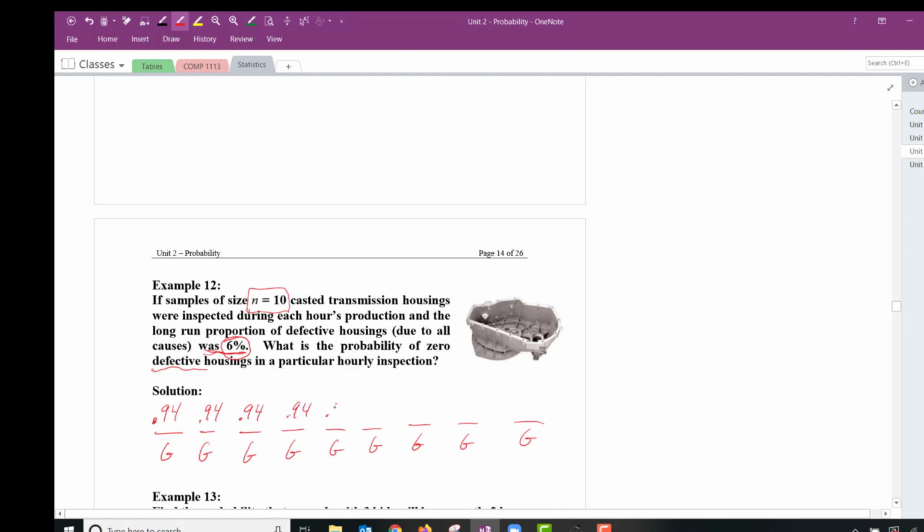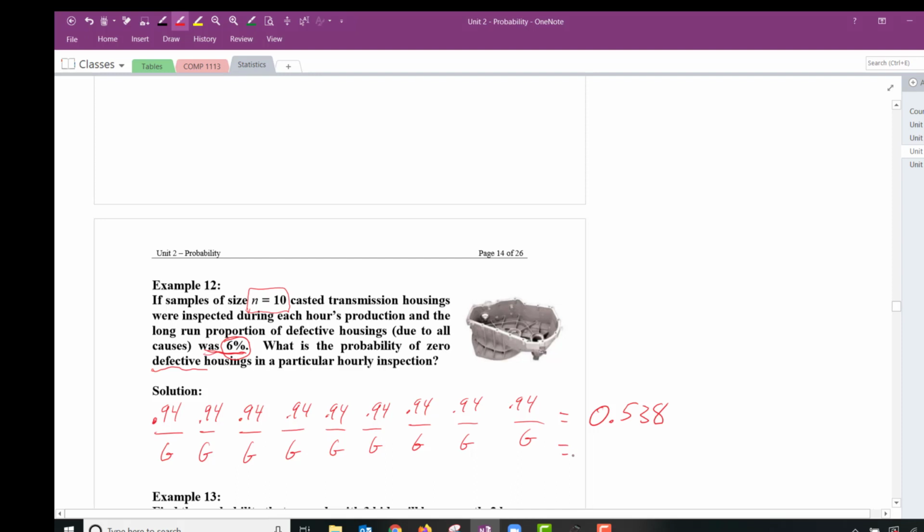And the probability doesn't change. We're manufacturing thousands of these things, so we don't need to decrease as we're drawing a few out of the batch. 0.94 raised to the 10th power, I get about 53.8.